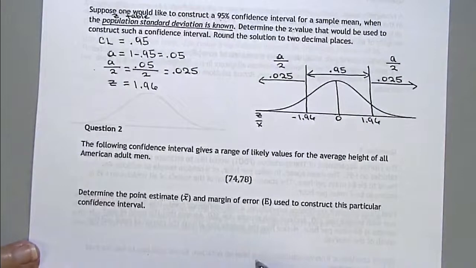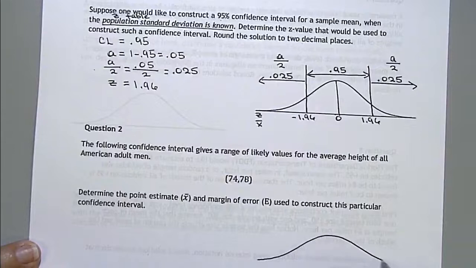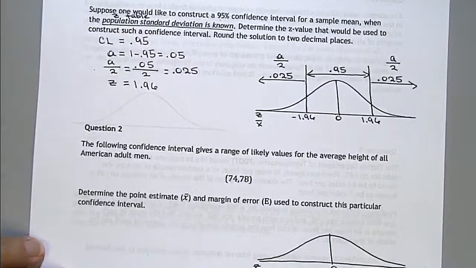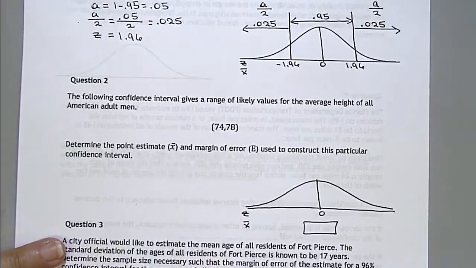Well, I didn't draw you a curve here, but I wish I had, because this is what it would look like, okay? This would be the z, and underneath it, the sample mean. And what is that sample mean? Well, we don't know what the sample mean is. That's the unknown. Usually it's not the unknown, but this time it is.